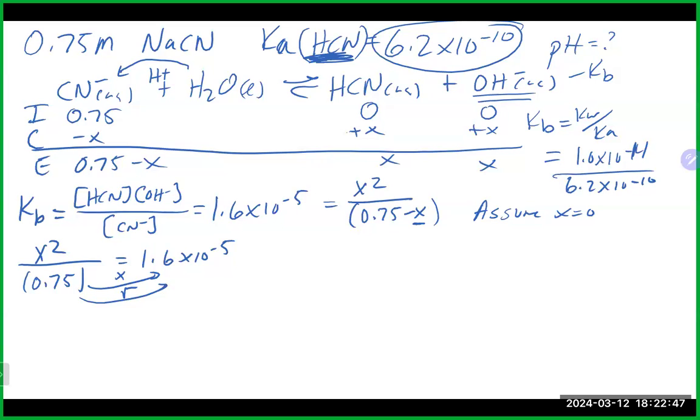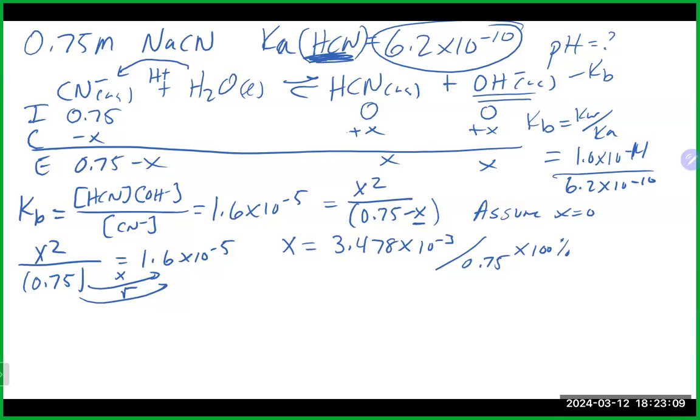Going to get us an x value of 3.478 times 10 to the minus 3. We're going to check it here by dividing by 0.75 and multiplying by 100. Remember, we're using the 5% rule. As long as it's less than 5%, it's a good assumption.